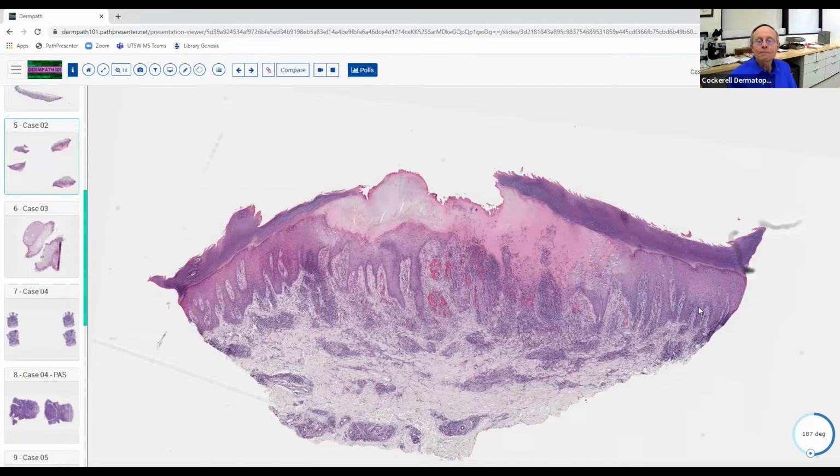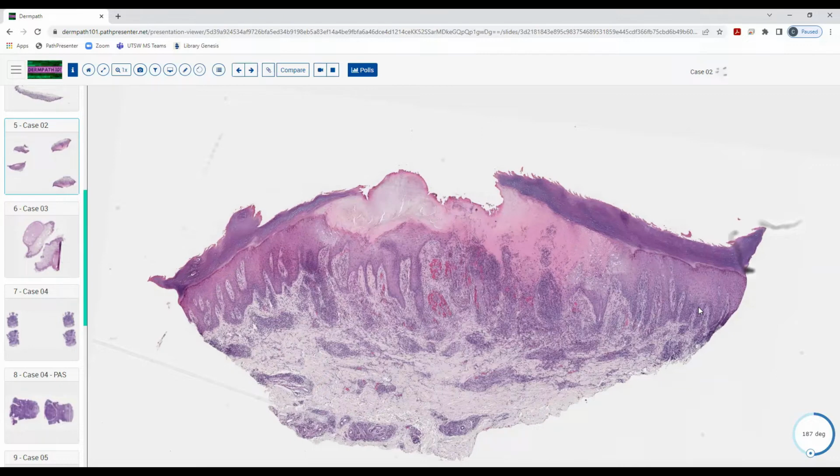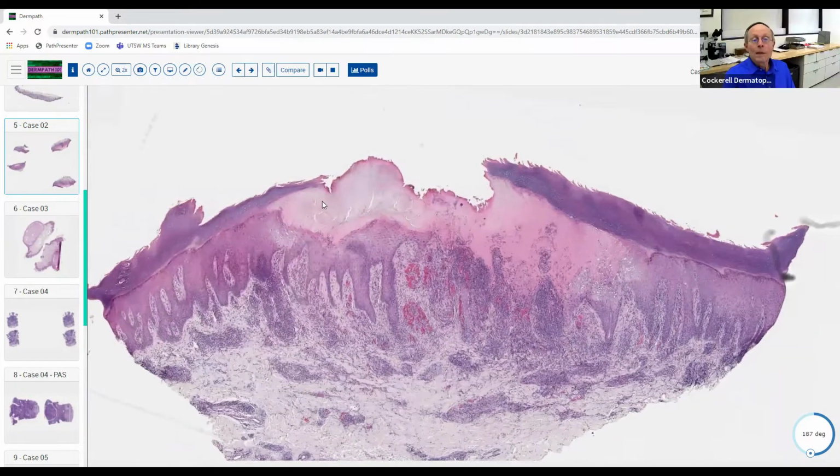Then there's erosion with some overlying, I guess this is serous crust. Yeah, there's probably some crust up here, almost like an eschar. If we go to higher magnification in a second, you'll see that it's not comprised purely of dried serum and red cells. It's actually got some epithelial cells in there too.